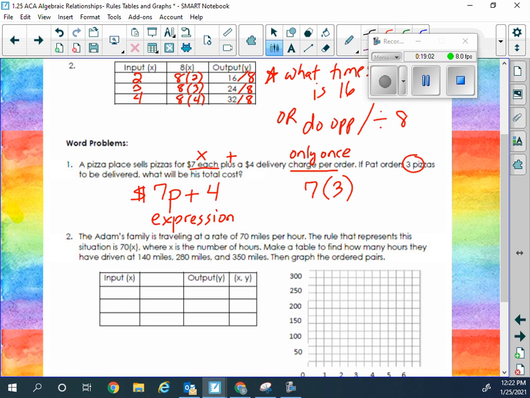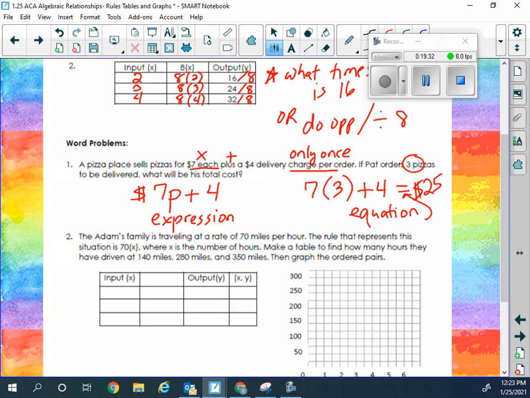So they're $7 each plus the delivery charge of $4. Can I solve it now? Yes. 7 times 3 is 21 plus 4 is 25. Now this is an equation because of the equal sign there. Okay? And don't forget your units in dollars. All right?